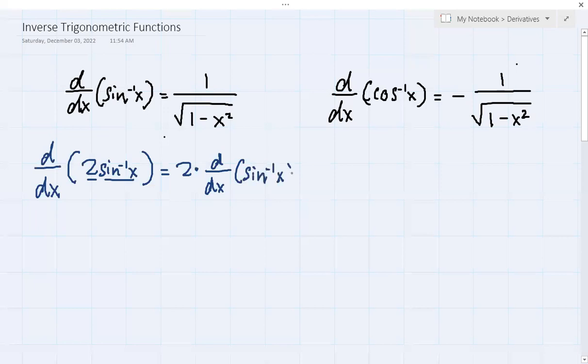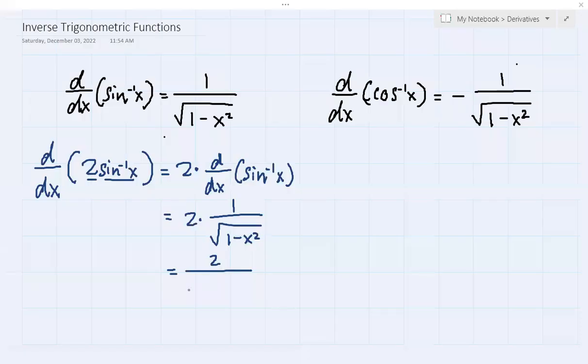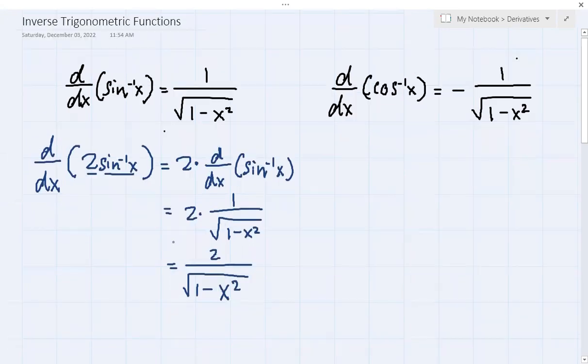So anong derivative ng arc sine? Which is 1 all over the square root of 1 minus x squared. Now, multiply them together, you will have 2 all over the square root of 1 minus x squared. Yeah, there we go. See? It's easy. All right?